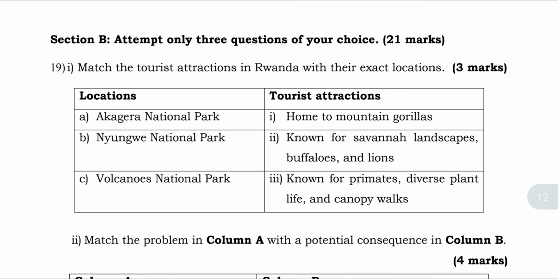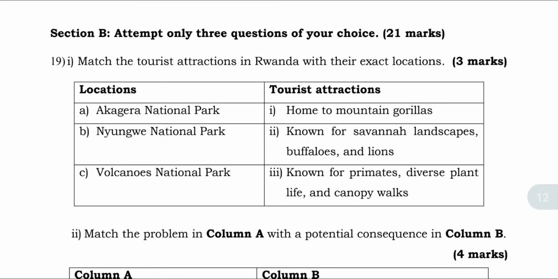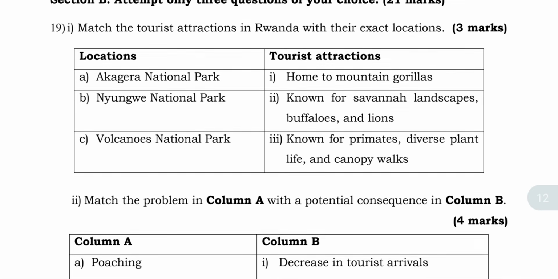Section B, attempt only 3 questions of your choice. 19. Match location: Akagera National Park, Nyungwe National Park, Volcano National Park with tourist attraction: home to mountain gorillas, known for savanna landscape and buffaloes and lions, known for primary diverse plant life and canopy walk.